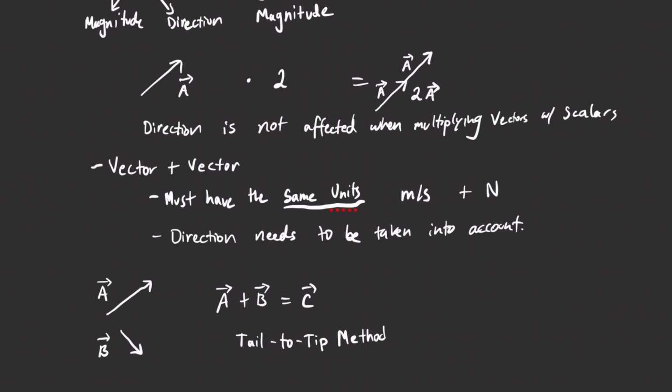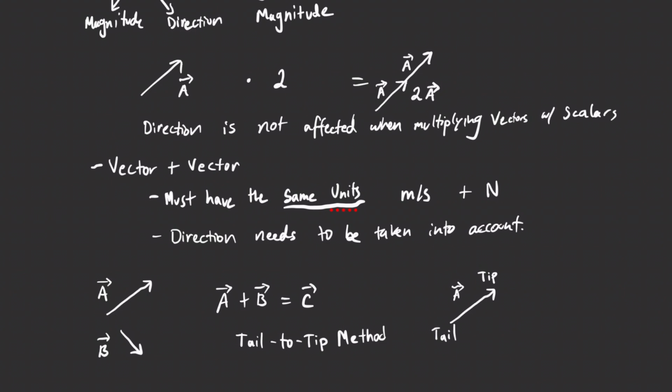So the tail to tip method refers to two important parts of the visualized vector. So I'm going to go ahead and copy vector A over here on the right side. Go ahead and label that vector A. The part of the vector with the arrow is known as the tip, and the part of the vector on the other side is the tail, which is pretty intuitive.